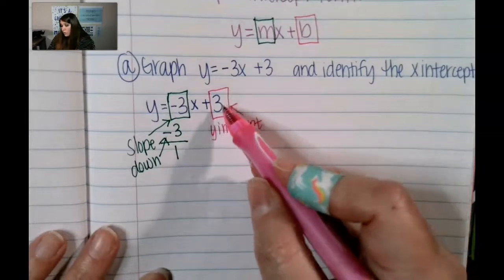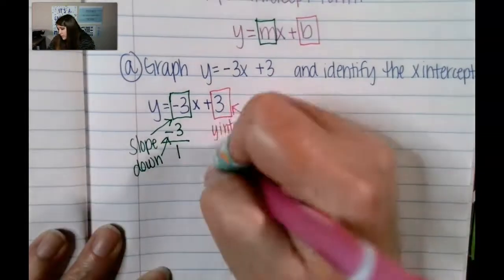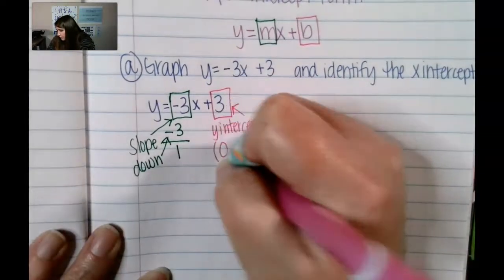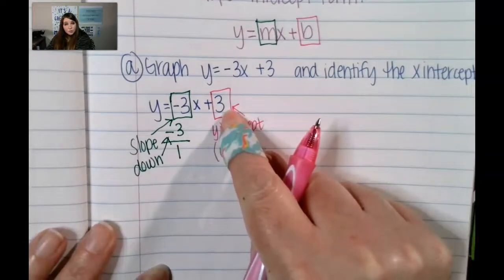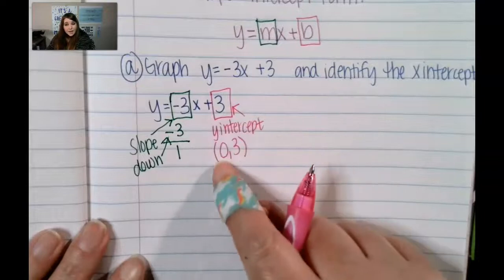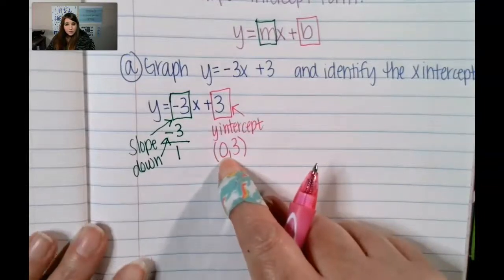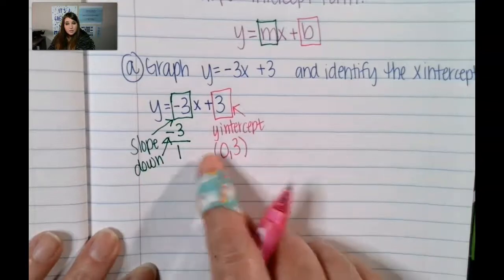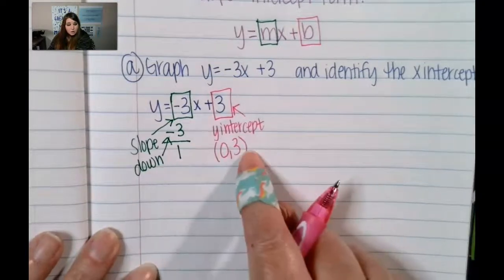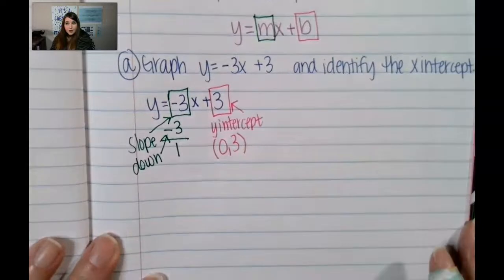So the ordered pair for the y-intercept is going to be 0, 3. That is where it crosses the y-axis, and that means that our x value is 0. So just using these two things, we are going to create a graph.